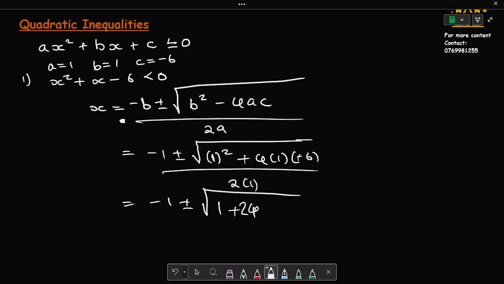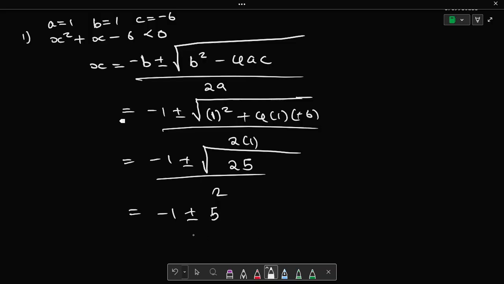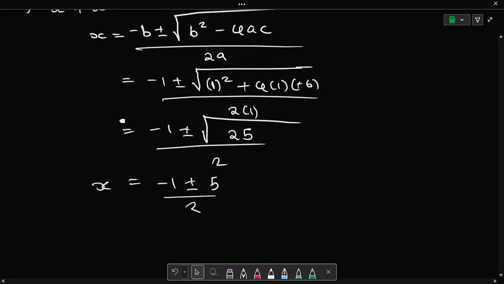And when we add these two, we'll get 25 over 2. And we know that this is going to give us negative 1 plus or minus 5, since the square root of 25 is 5, divided by 2 as our x.